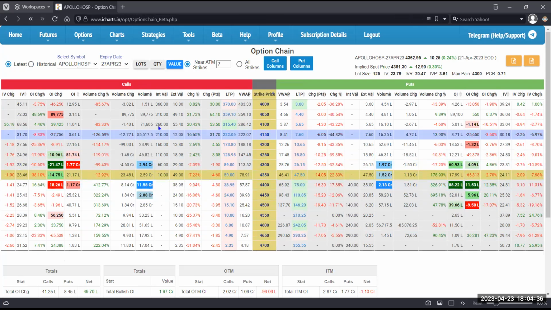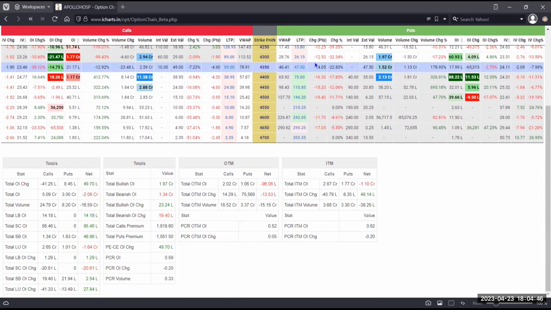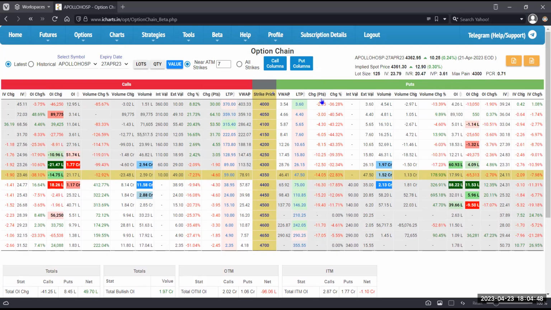Srikanth, sir, one basic question. In this new option chain, the summary data below is based on how many strike prices we have selected. What about this upper right corner? Are these also based on those strikes, or cumulative?